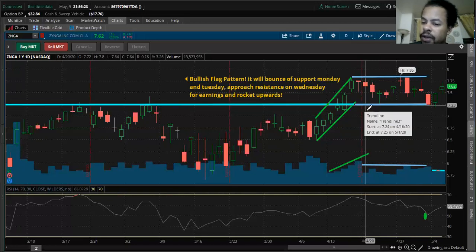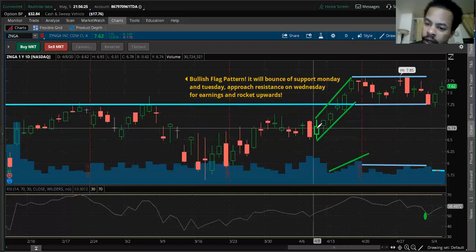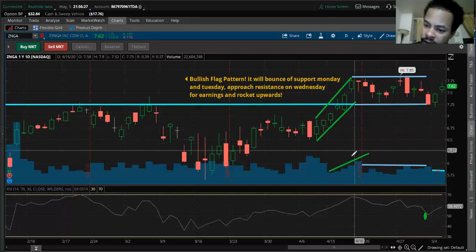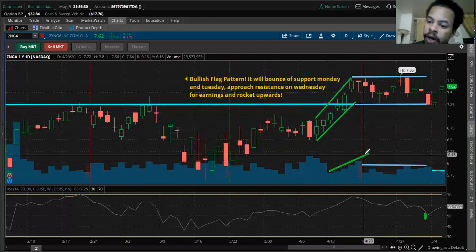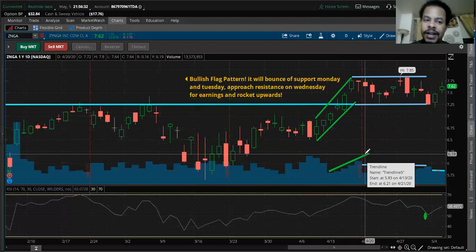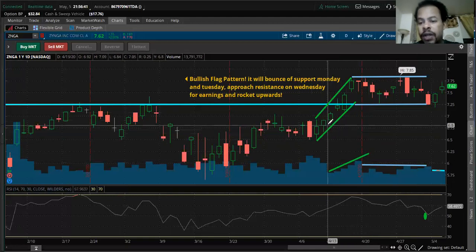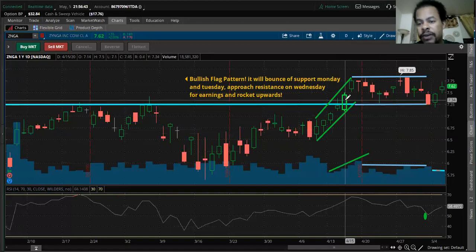So one thing to notice, on the channeling uptrend, the volume was going up. So that means that a lot of new investors wanted to get in. A lot of new investors were probably researching it, and they're like, I want to get in Zynga. So it was trending up in a channel, a tight channel.